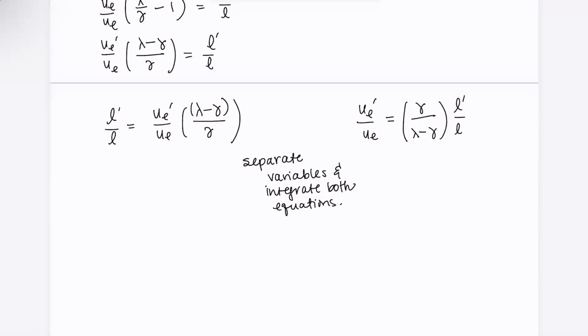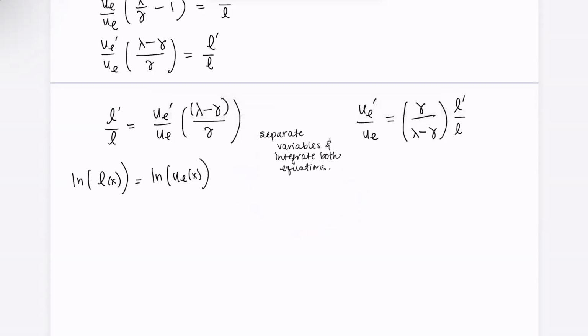Okay, so what I have is natural log of L of X is equal to natural log of UE of X, and then I still have this factor out front, plus a constant.